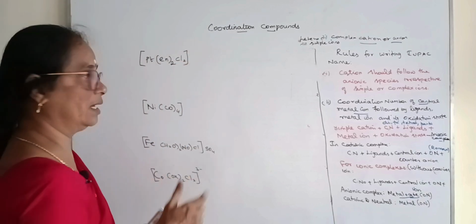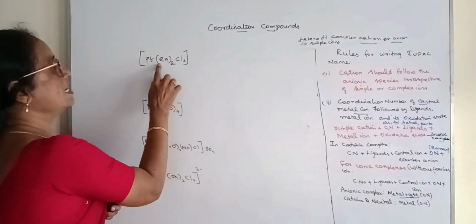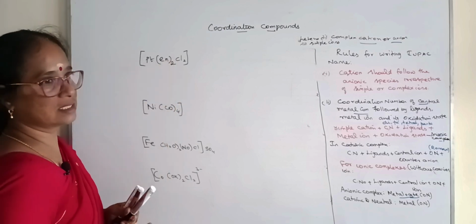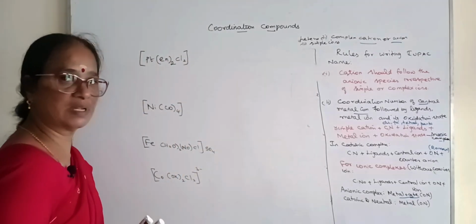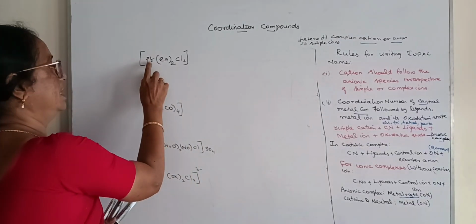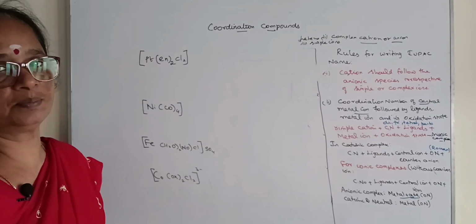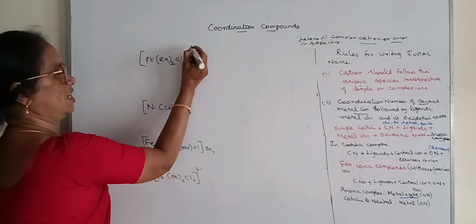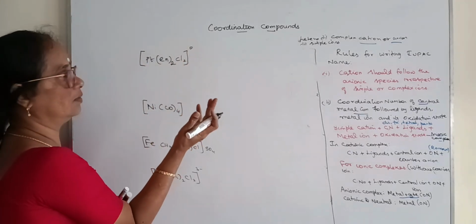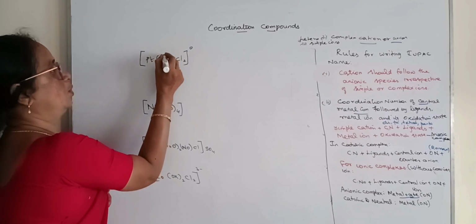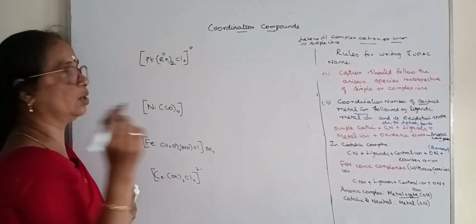So let us start first of all. As it is a heteroleptic complex and it has no counter ion, we have to find out first the oxidation state of platinum. If I consider the complex charge 0 because I have no counter ion, en is a neutral ligand whose charge is 0.